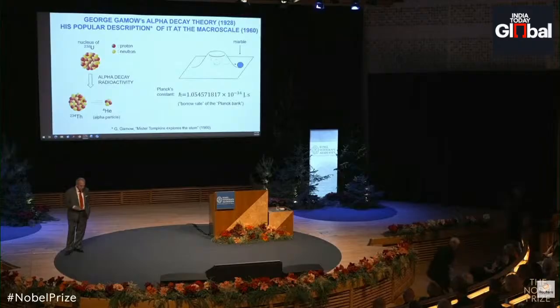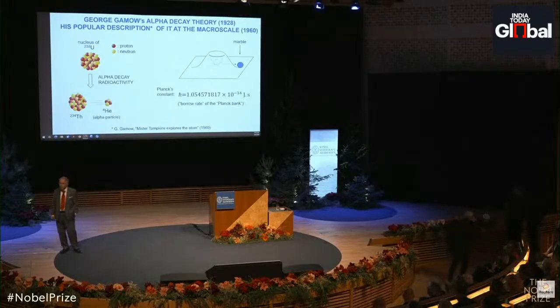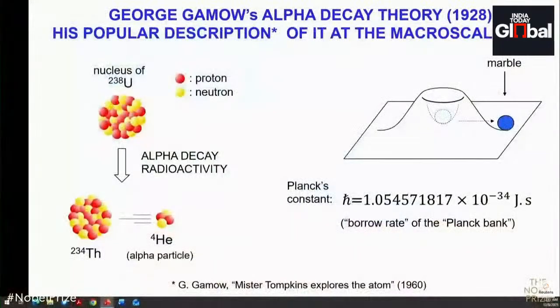But this quantum mechanics at the macroscopic scale was essentially in the form of thought experiment. And here I'm going to give you an example which was invented by George Gamow, who wrote this wonderful book, Mr. Tompkins Explores the Atom.